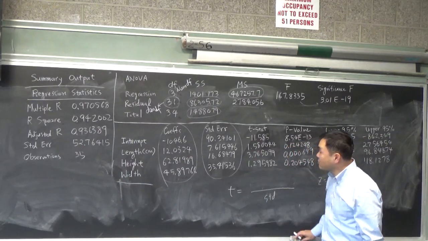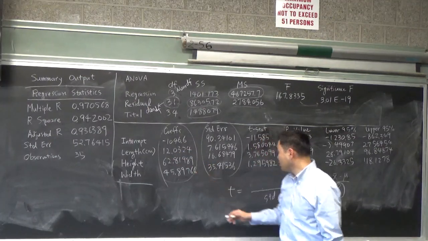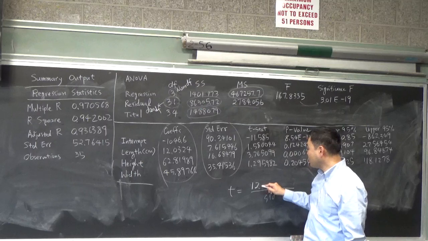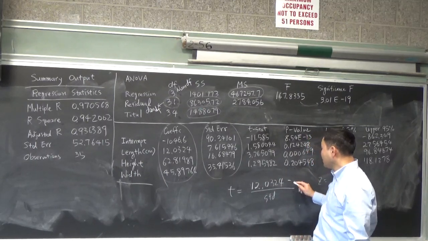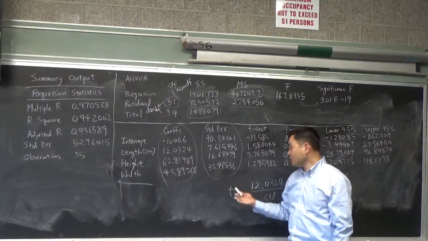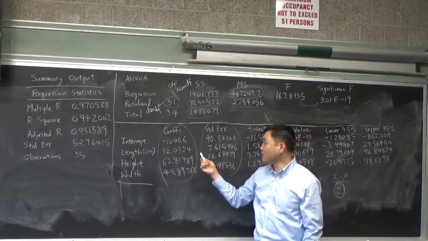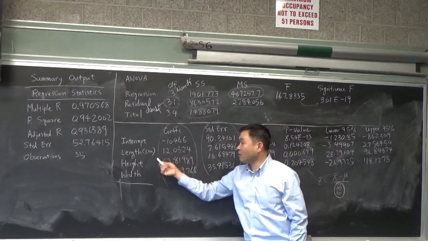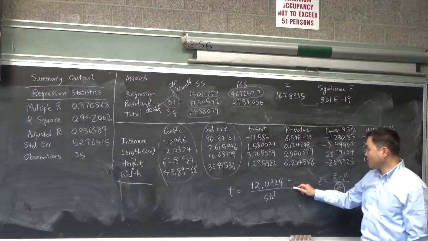So in our case, for example, the calculated coefficient for the length is 12.0324. And then what's the claimed value of the coefficient of the length in the null hypothesis?